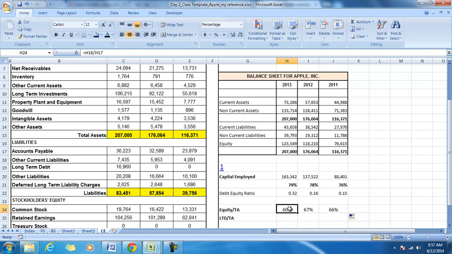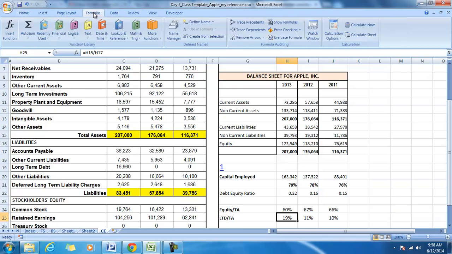The reduction in the year 2013 is not because the equity has gone down, but because the debt has gone up, and the debt has gone up because they made a borrowing of long-term debt, and the long-term debt to total assets is in the range of 10 to 19%. So the increase in debt financing in the current year is because of this particular long-term debt.